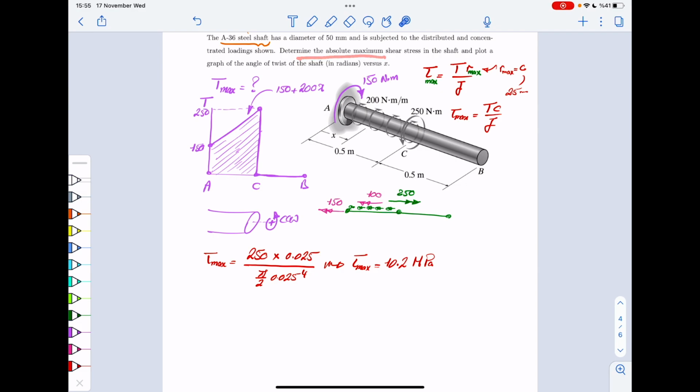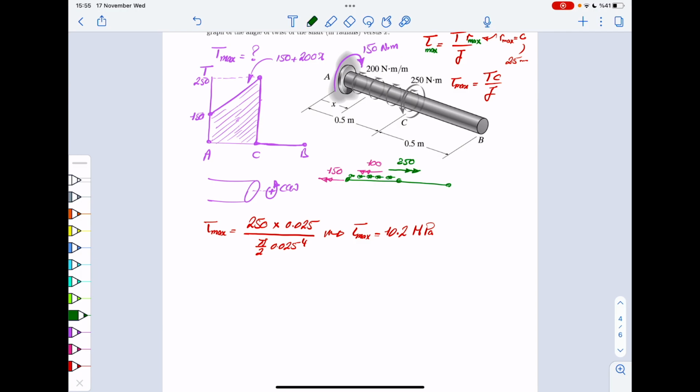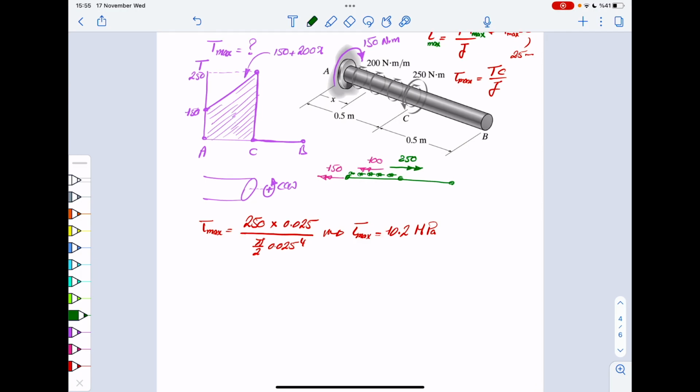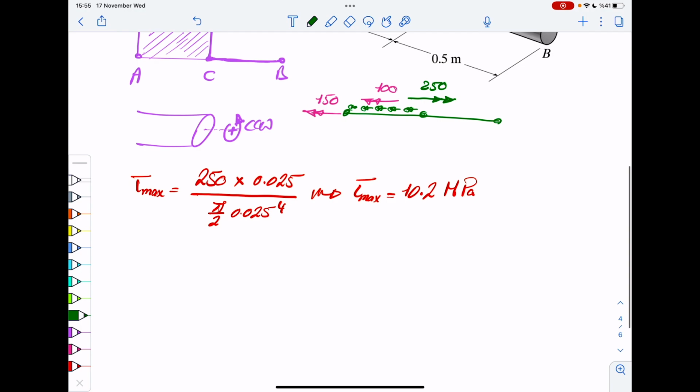We know what is the absolute maximum shear stress. Now, for the second part, the question asks us to calculate the angle of twist. And you remember the angle of twist, basically for a distributed load, or in its generic form, would be an integral from, let's say, 0 to x of T(x) dx divided by GJ.